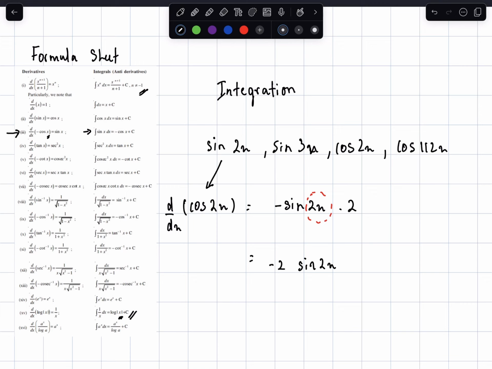All I have to do now is isolate sine of 2x and take 2 to the other side. So d by dx of minus half cos 2x is equal to sine 2x, and this becomes your integral value.